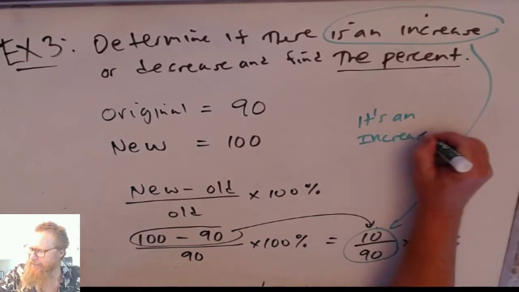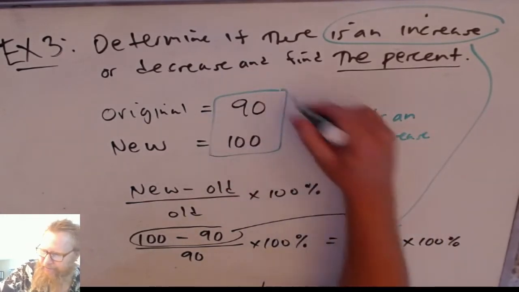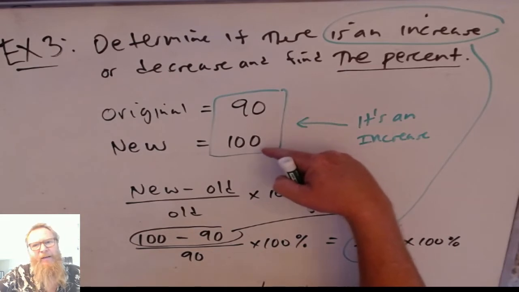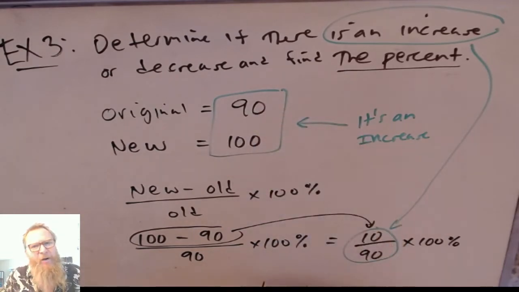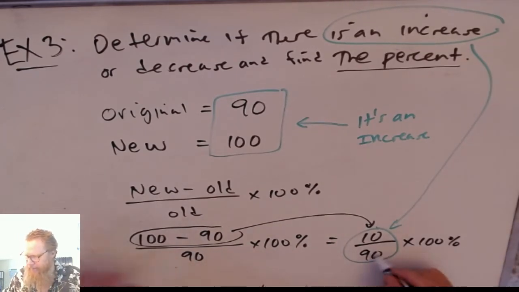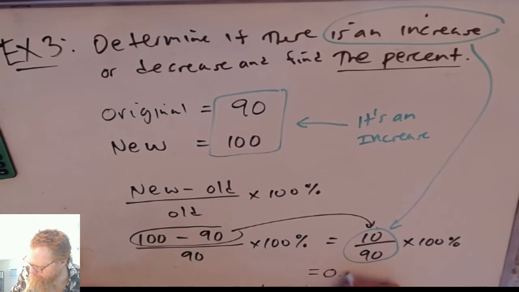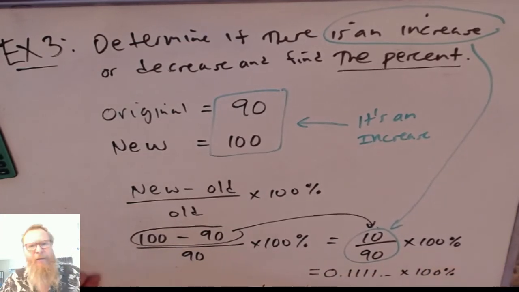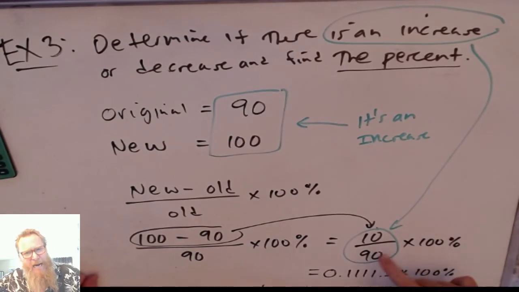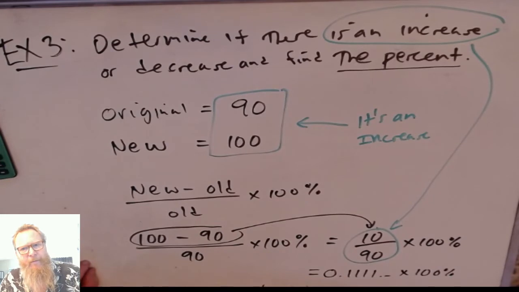You could have actually seen that here too. It's going from 90 to 100, so that's an increase. 10 divided by 90 is going to be a repeating decimal, 0.1111, the same as 1/9.